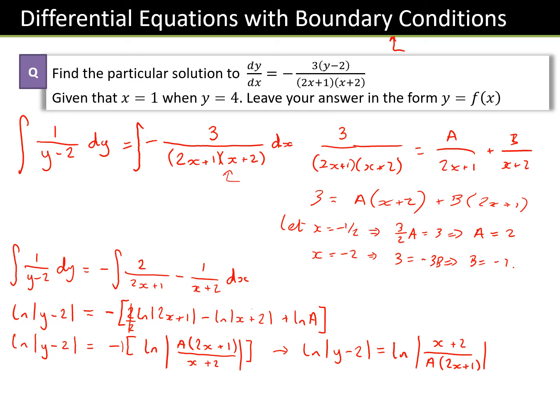Now here, we've got natural logs on both sides, so as I said on the previous example, we can raise both sides to the power of e, so we get y minus 2 equals x plus 2 all over a bracket 2x plus 1. Okay?